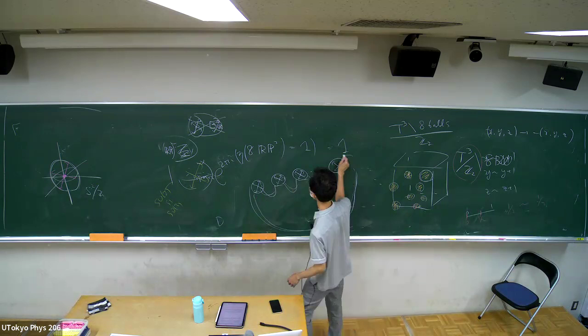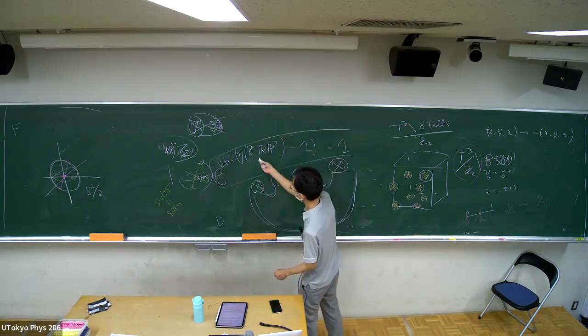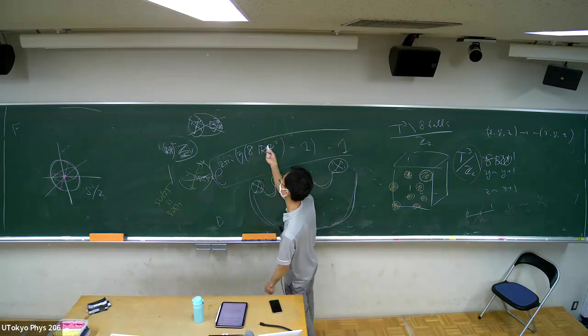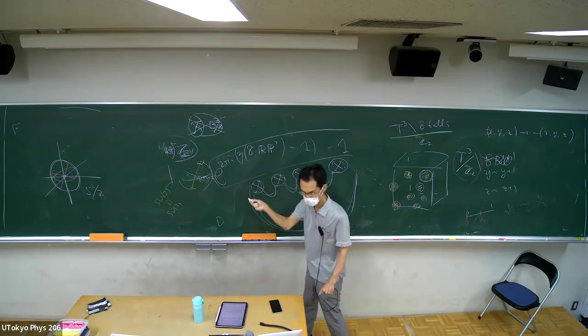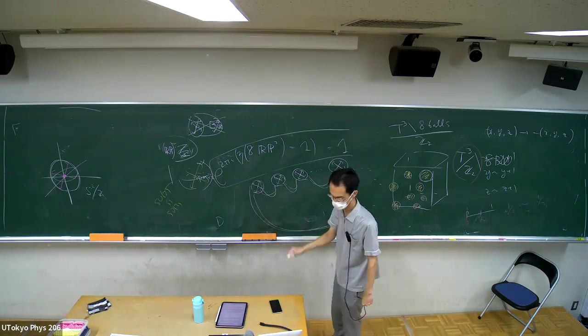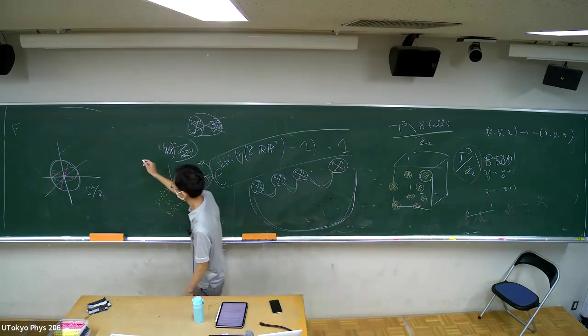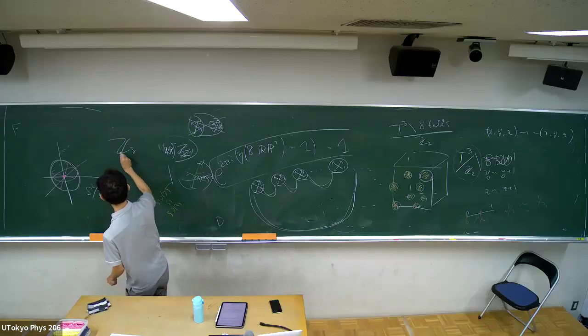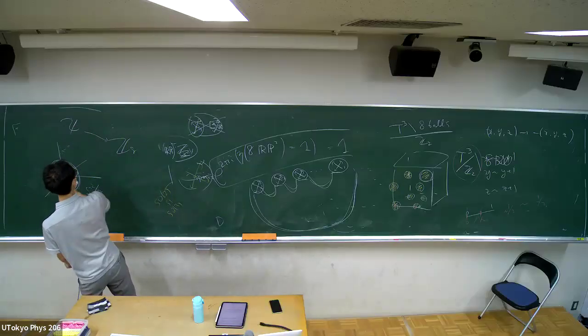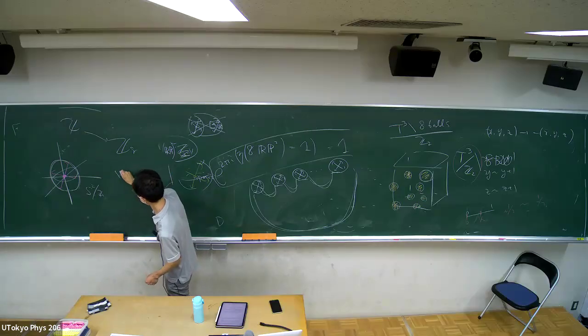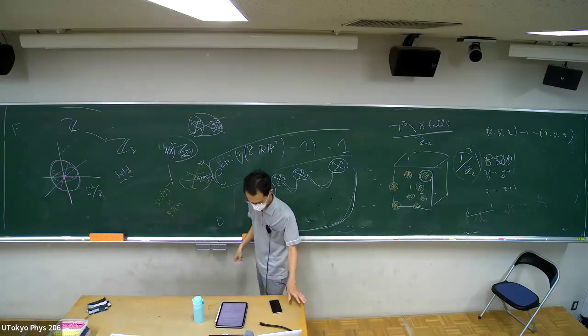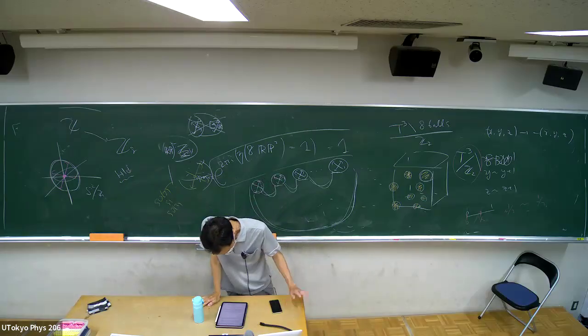So indeed, that's compatible with the fact that 8 times the eta invariant of RP2 is 0 mod 1. This is related to the fact that the classification reduces from Z to Z8 in 1 plus 1D topological superconductors.